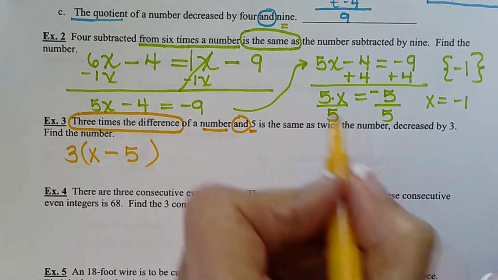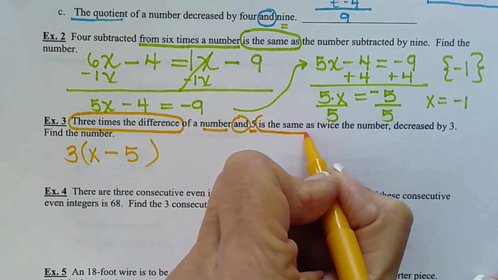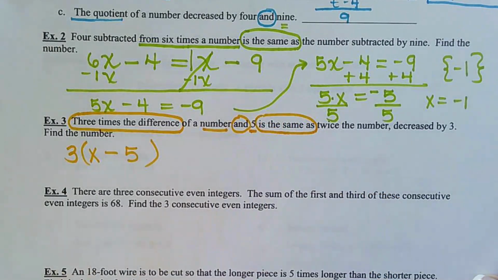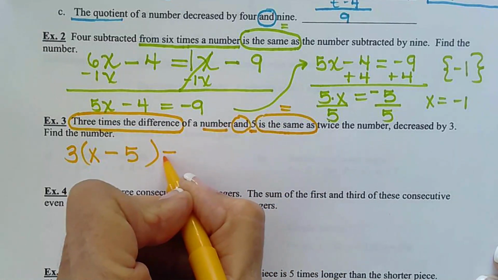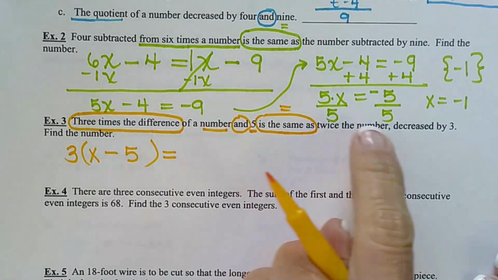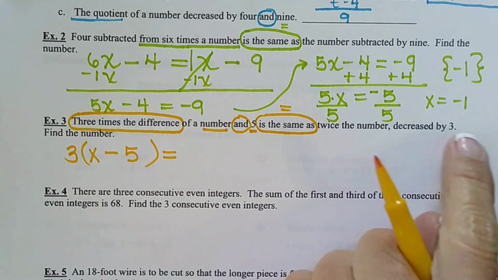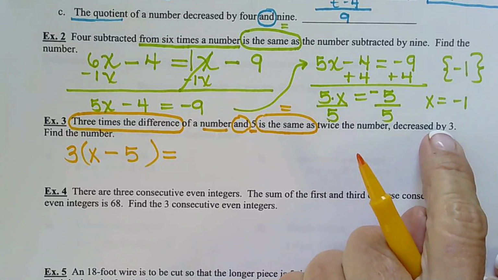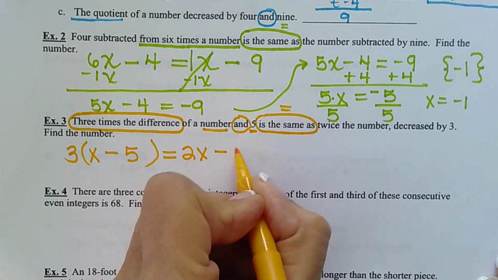And here's that wording again, "is the same as", which means equal. Twice the number decreased by 3, not from 3, by 3. So that would be 2x minus 3.